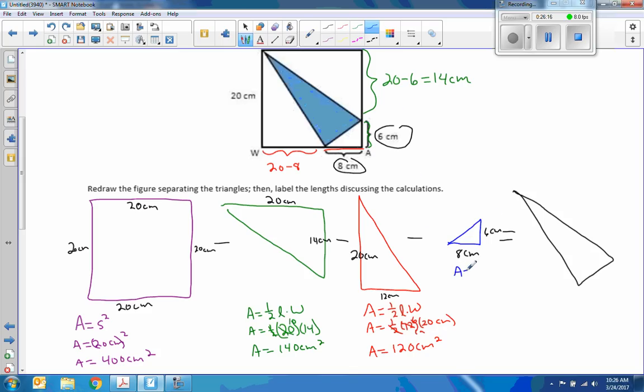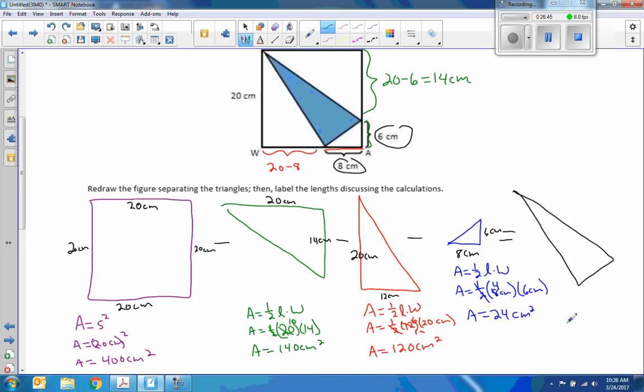Area equals 1/2 length times width. So area equals 1/2. The length is 8 centimeters. The width is 6 centimeters. When I take half of 8, it is now 4. So the area is 4 times 6, 24 centimeters times centimeters, centimeters squared.